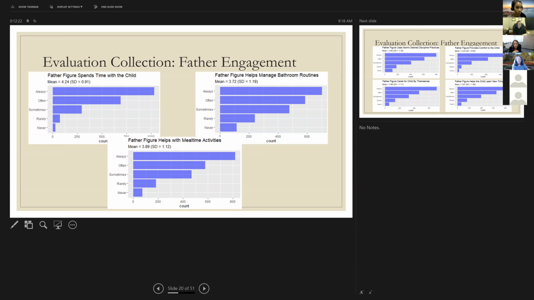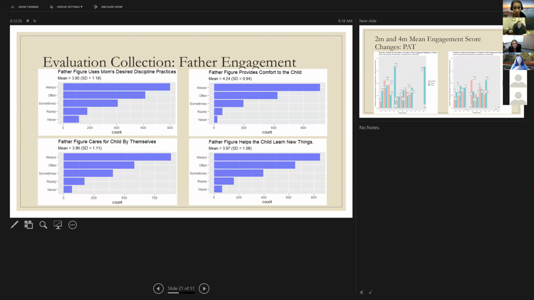And this mean that we're showing here for each of these items did increase slightly over time, and we'll look at some data to support that. But overall, pretty high levels of engagement were reported by dad, regardless of the activity in question. So here are the other 4 items, and you can see the most commonly reported response was always that the father figure was doing a lot of these behaviors by himself on a regular basis.